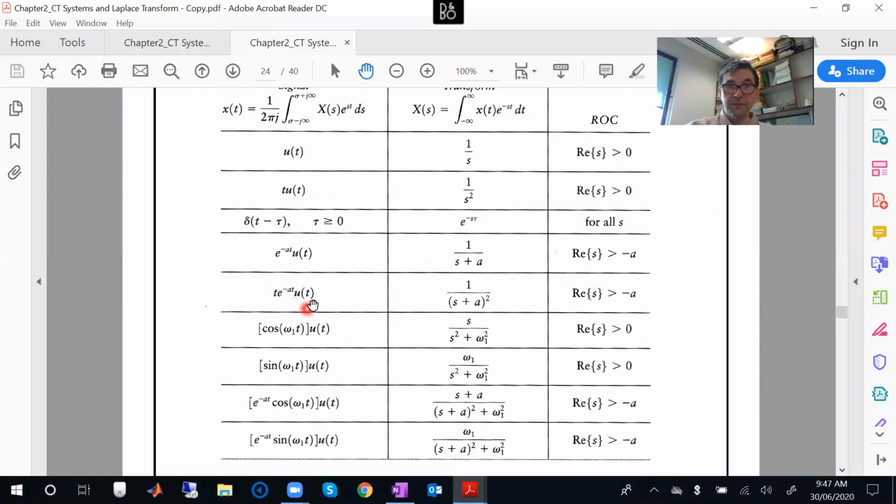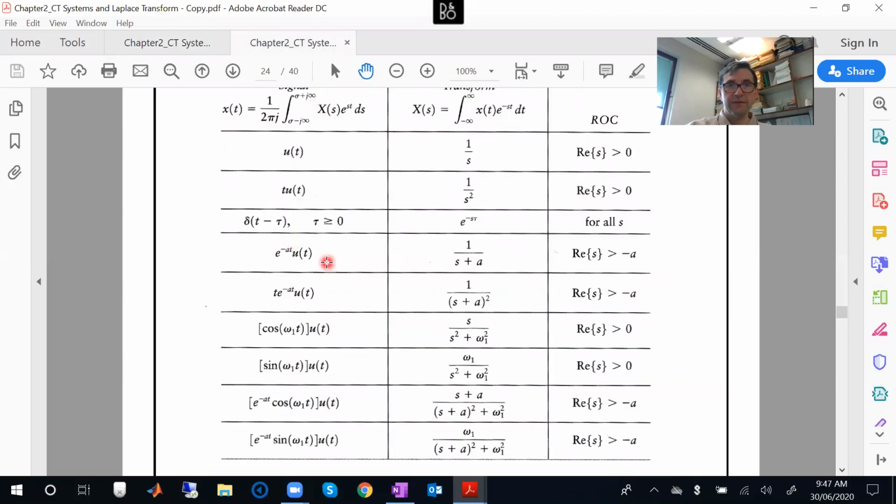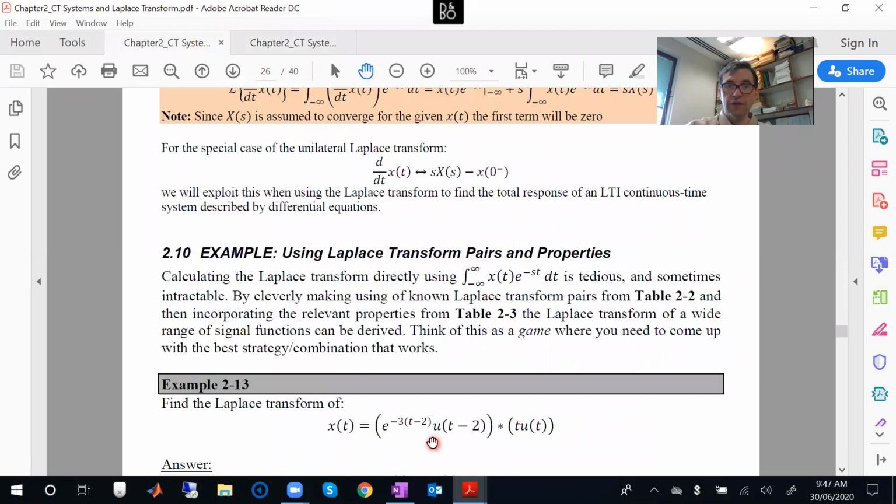So there is a pair. So we can use a pair there. You don't have to worry about anything else. How about this one? This one looks like that, but you can tell the difference between this and the table of pairs is a shift, because you're shifting t by 2.